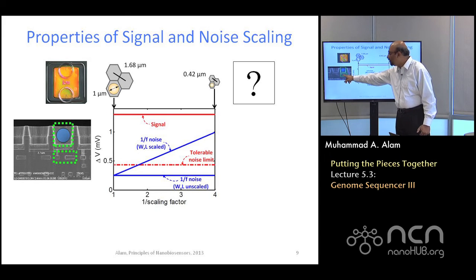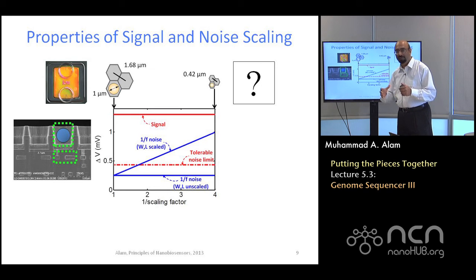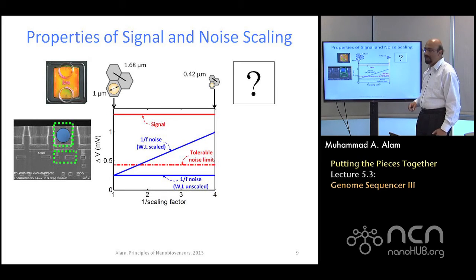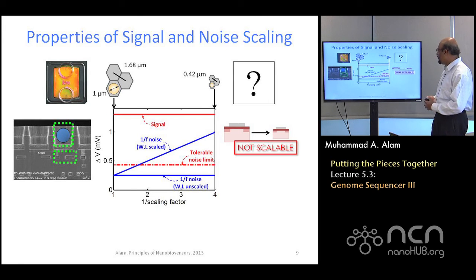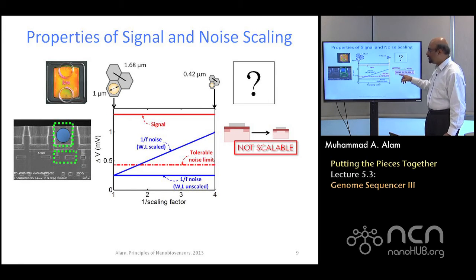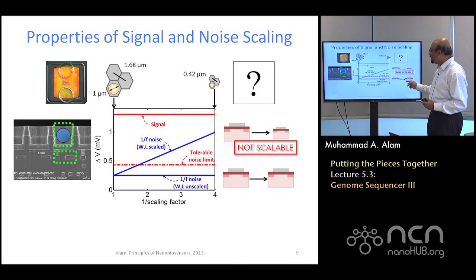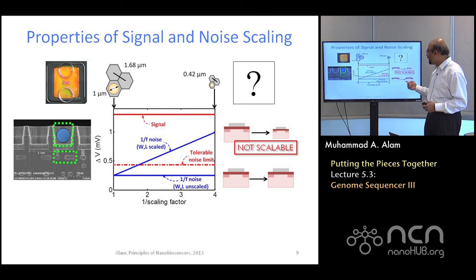Instead, if you keep the transistor size more or less the same, but decrease the well size so that you can pack more of them, that's fine, because in that case the noise will remain invariant. So the point is that if you try to scale the transistor, it may not be scalable unless you somehow reduce the noise. But you can keep scaling the wells if you keep the transistors more or less of the same dimension.